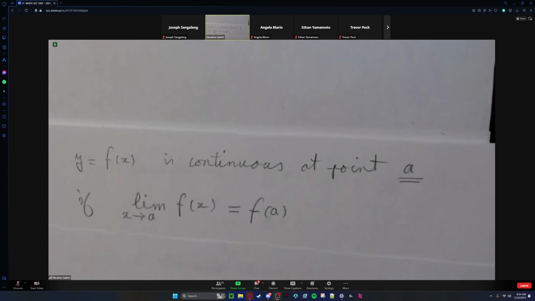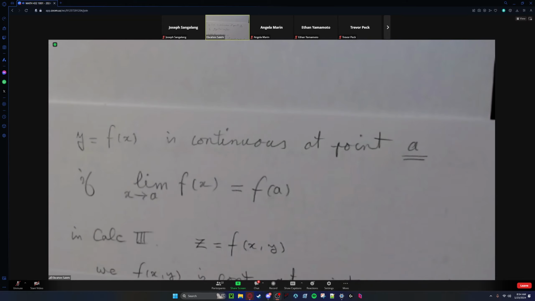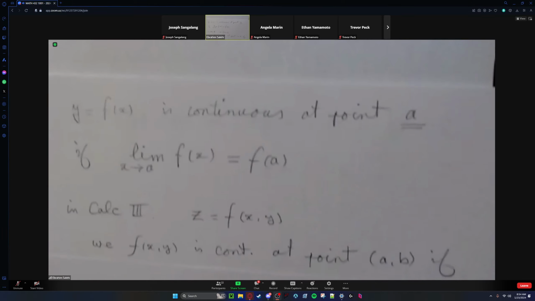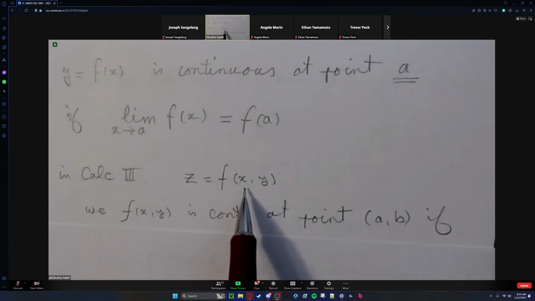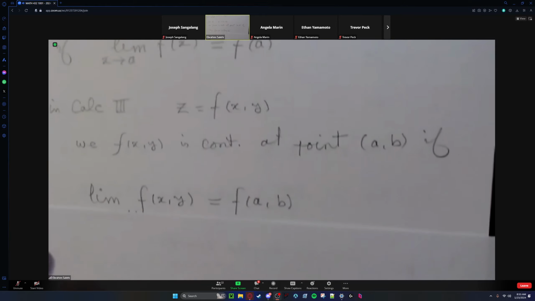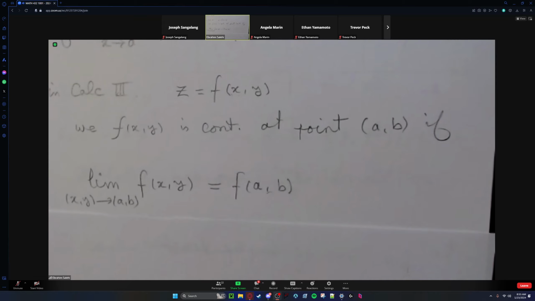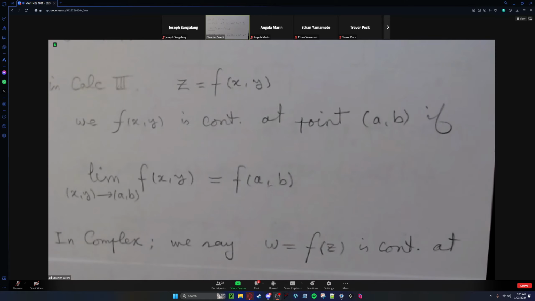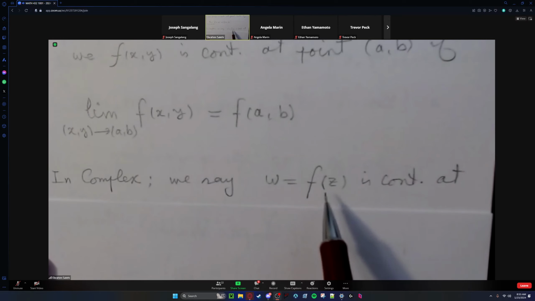You know what? We are going to follow the same definition. In calculus 3, we did the same thing. We said, okay, this function is continuous at point (a, b) if the limit exists and is equal to the value of the function. Now, when it comes to complex analysis, you have a function of a complex variable.